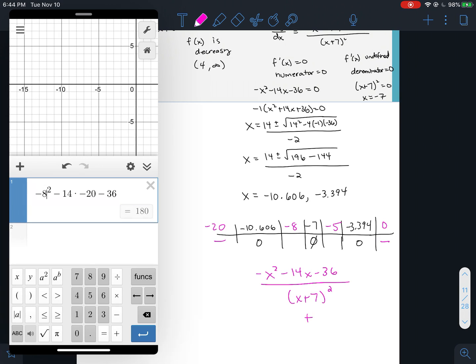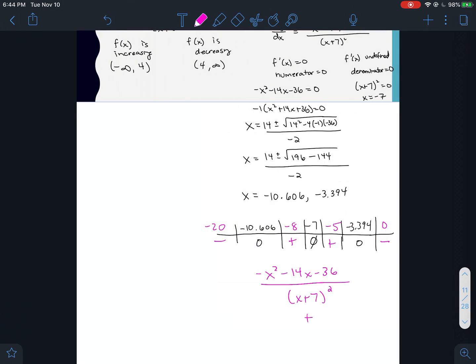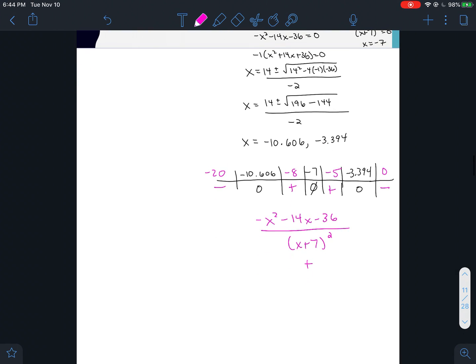If I plug in negative 8, that would be positive. And if I plug in negative 5, that would be positive. And then if I plugged in 0, we got negative. So that looks better. All right.